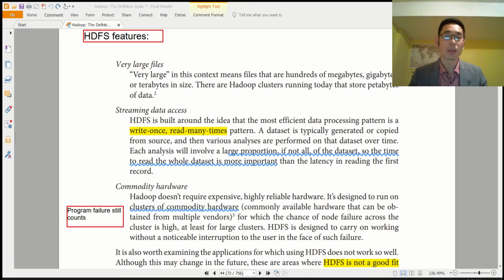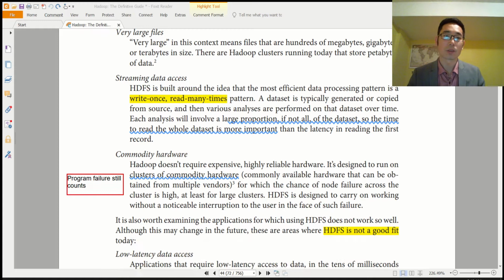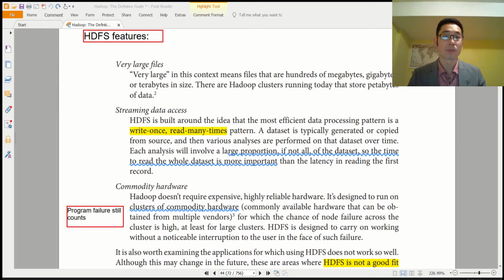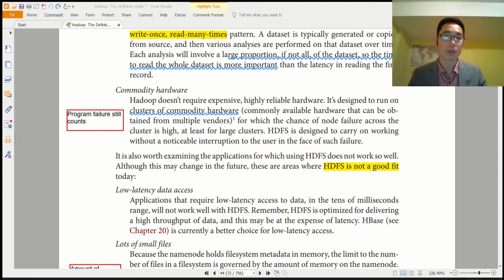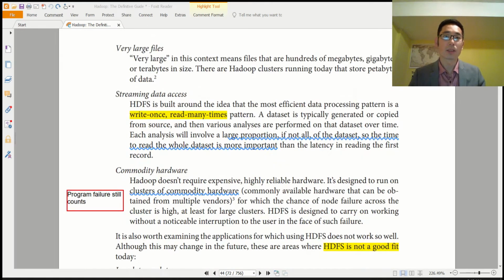Please don't get confused between streaming data and low latency. We're going to talk about low latency later, but they're related. Streaming data simply means the data was saved once and read many times. Low latency means when the data is read, it requires a short response time.